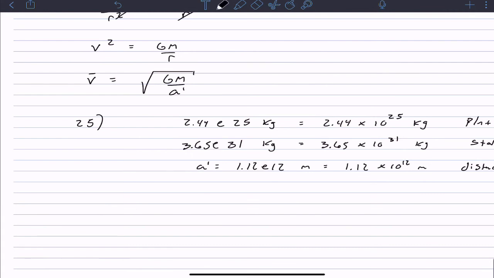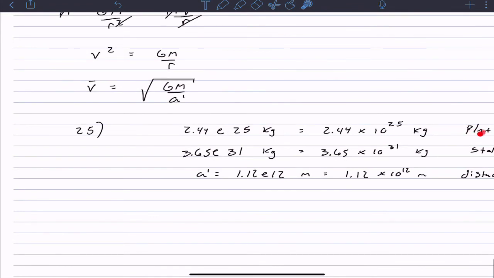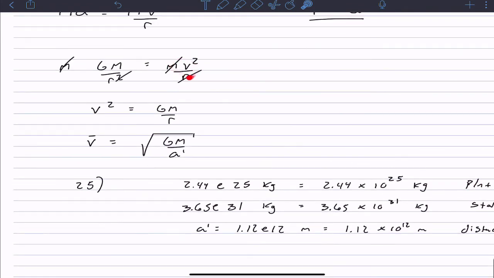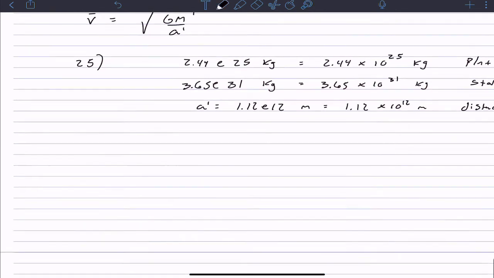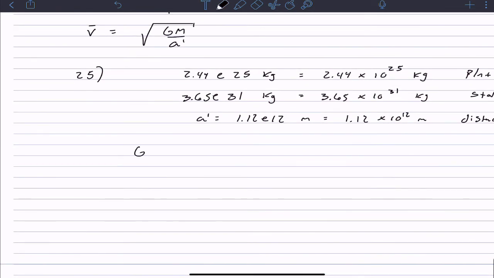Okay, so I just plug this stuff in. Remember that the planet was the thing with the centripetal acceleration, right? And so the m for the planet actually canceled out in the equation. So all we're left with is the mass of the star. That's important. So anyway, I plug in G is equal to 6.67408.